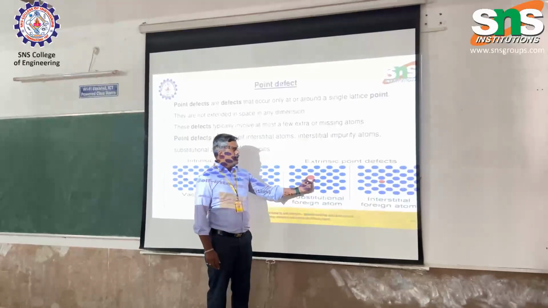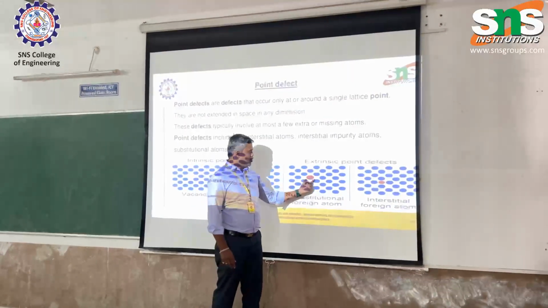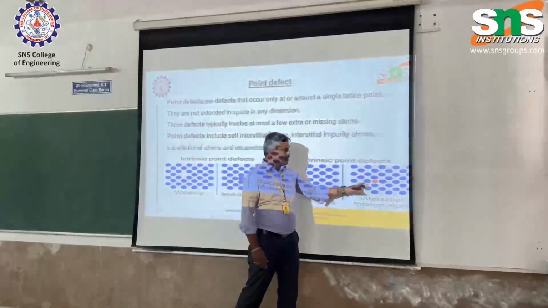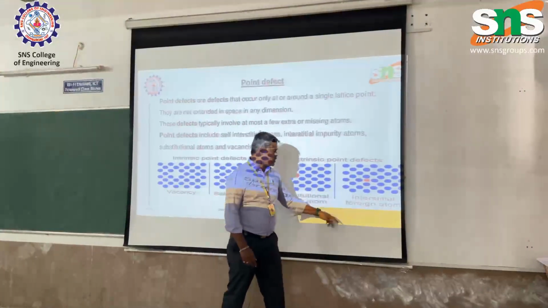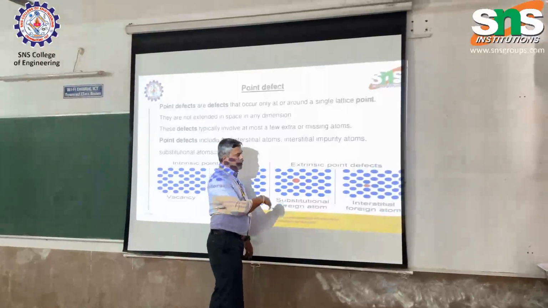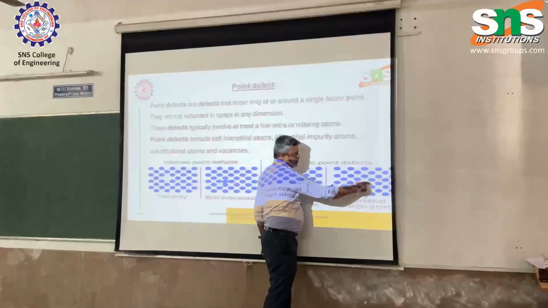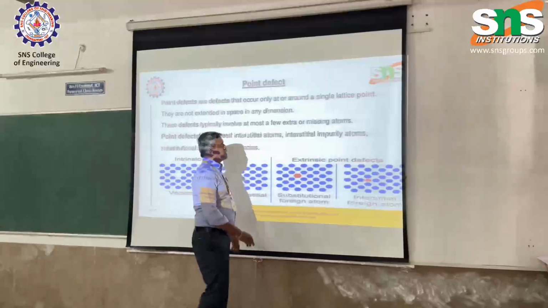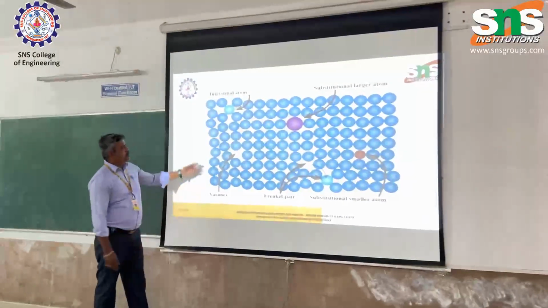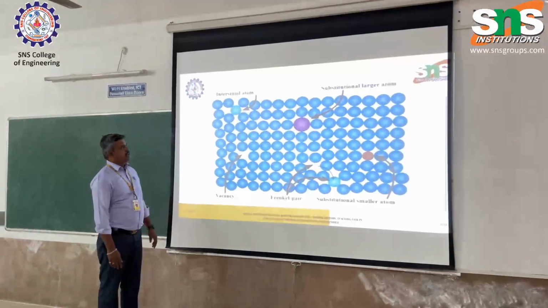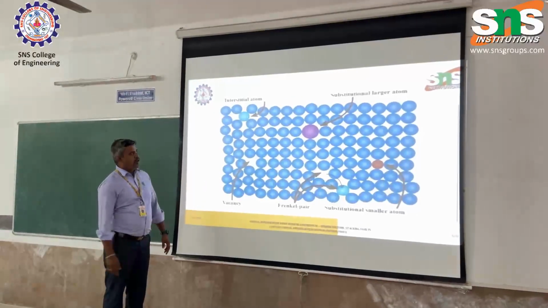This is another atom, which is why I marked it in red. This becomes an extrinsic defect, an interstitial foreign atom, where a new atom is formed in another lattice plane and the atoms are adjusted. This is the whole of the point defects.